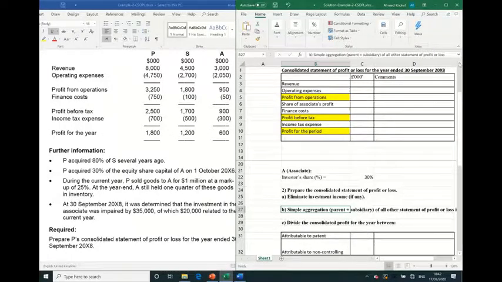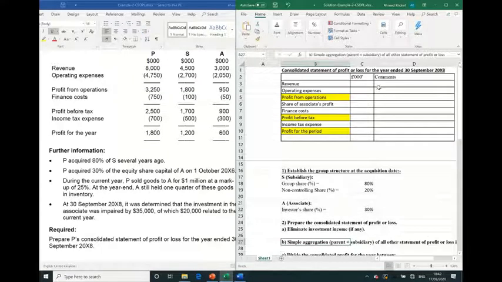So we're starting here with the revenue. For the revenue, we are aggregating only the parent and subsidiary. So we have 8,000, this is the parent revenue, and the subsidiary revenue is 4,500. So the total here is 12,500.